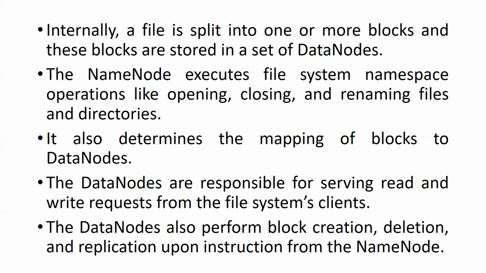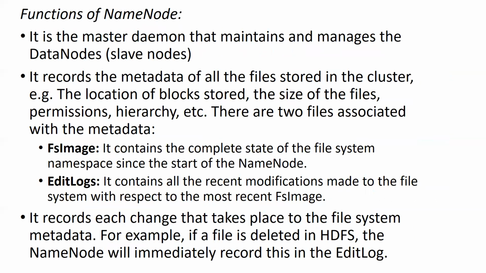That is, it will check which data node is free at that moment, and for that data node the blocks will be allocated, and the mapping information will be maintained by the name node. The data nodes are responsible for serving read and write requests. The data nodes also perform block creation, deletion, and replication upon instruction from the name node. These are the functions of the name node.